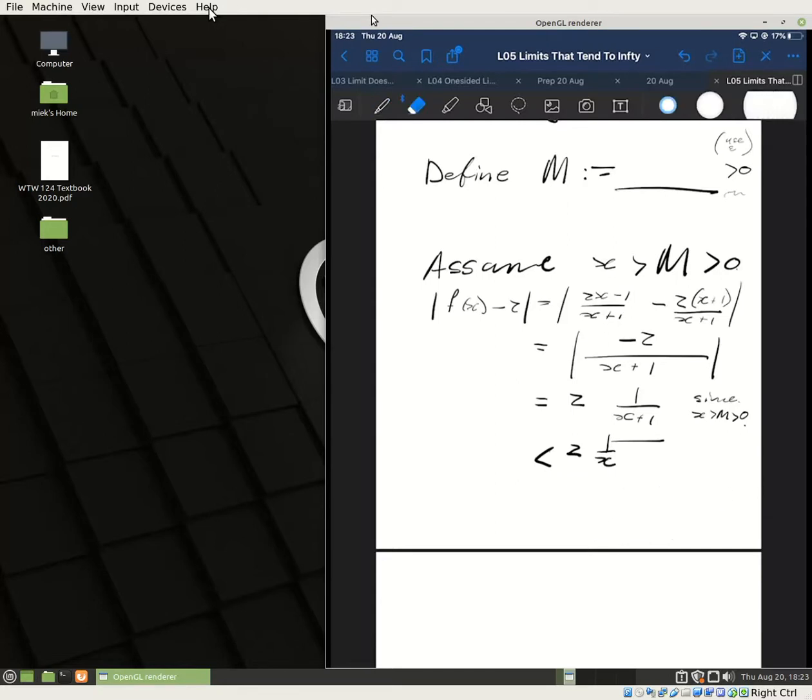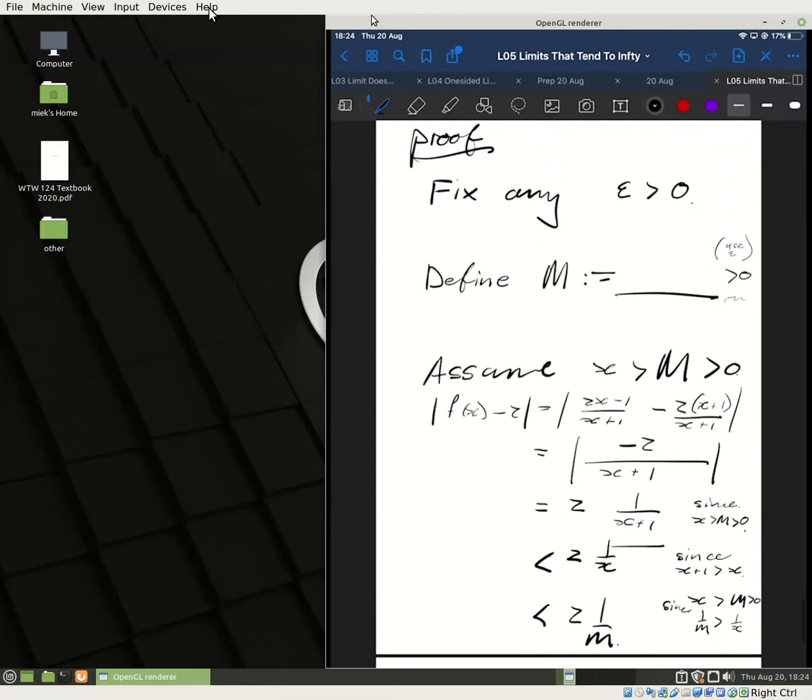But x is bigger than m, since x plus 1 is bigger than x. But also we've got x is bigger than m. So 1 over x is less than 1 over m, and m is bigger than 0. So since that is the case, this is less than 1 over m.